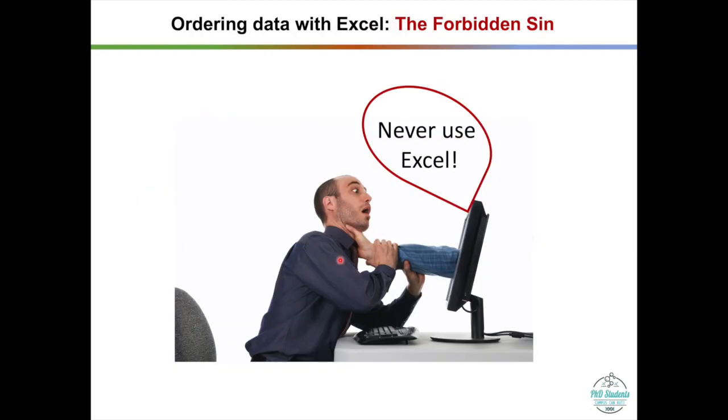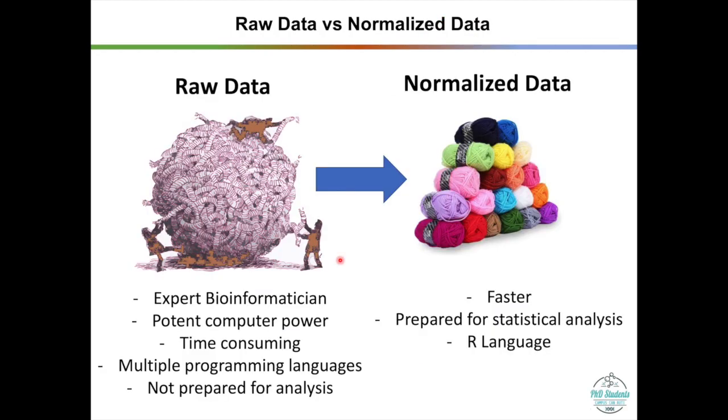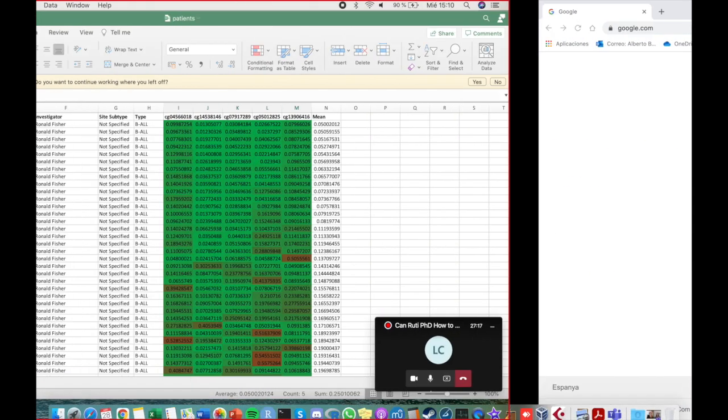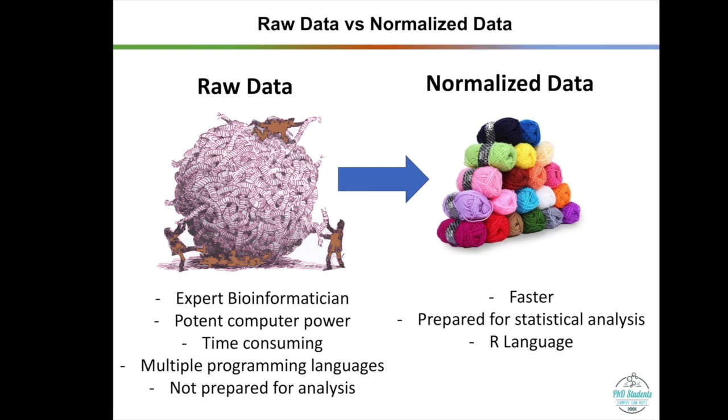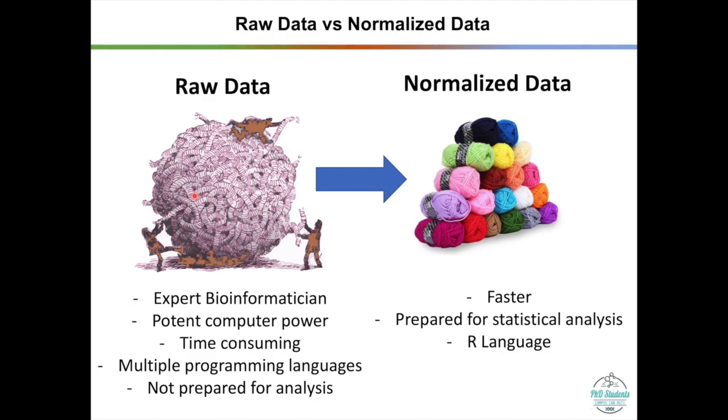So don't worry. And by the way, very important. I don't know if you heard me before when I showed you this data frame. I told you that this data, methylation beta values, are normalized data. This is not raw data. Why? Because with raw data, you need to be quite a bioinformatician.